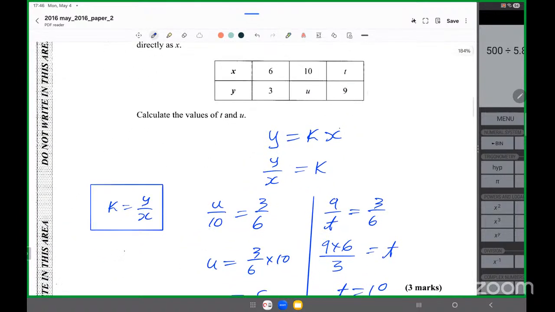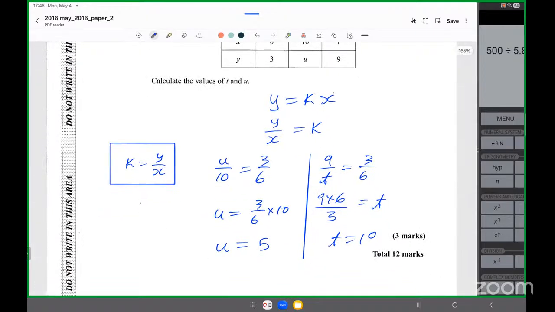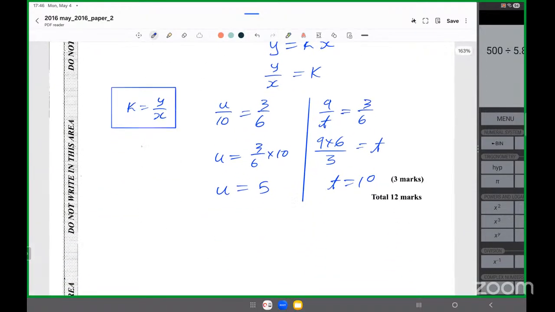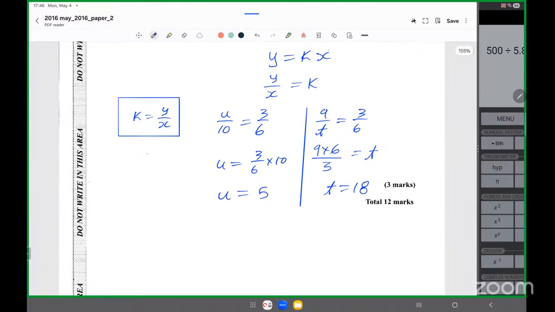So we can do it without finding the k, realizing that k, the constant, or y over x, is a constant for all the pairs. If you do it by finding the k first, that's fine as well. But those are the values. So u equals 5, t equals 18. All right, let's continue.